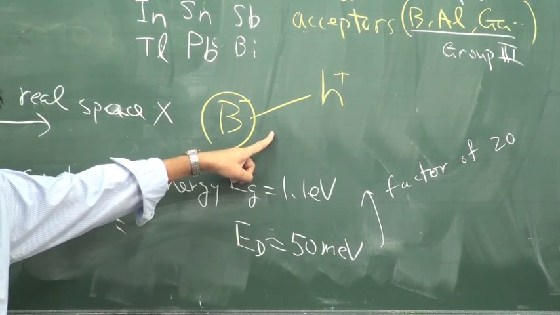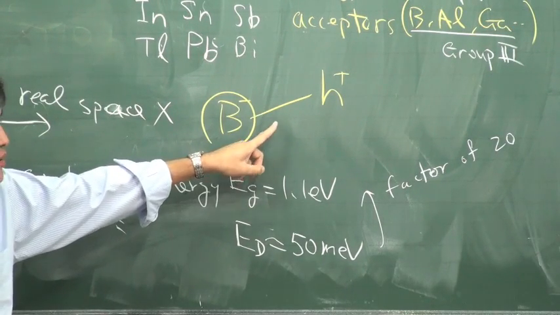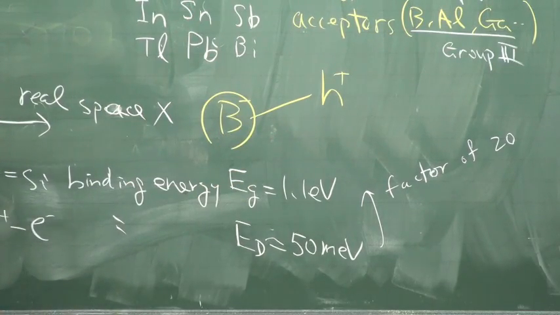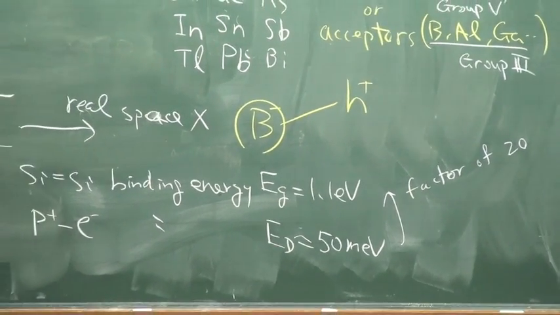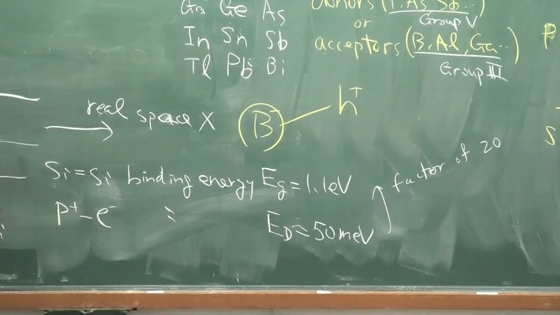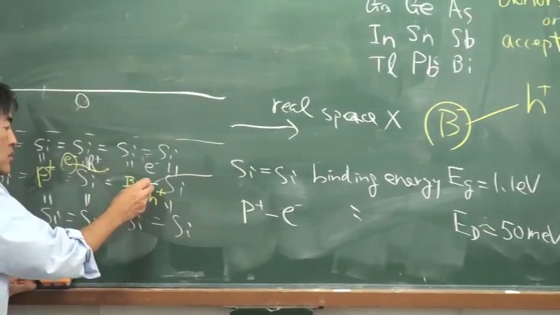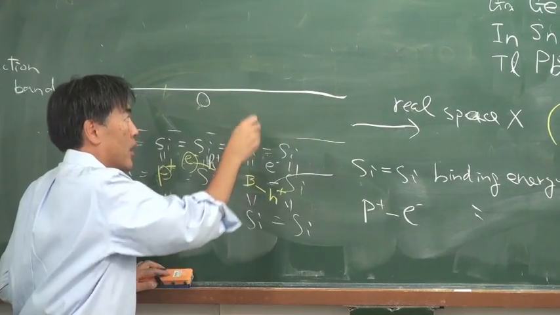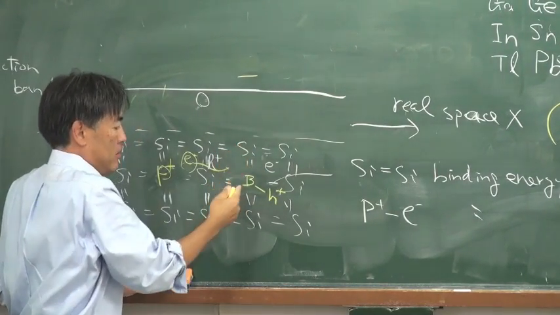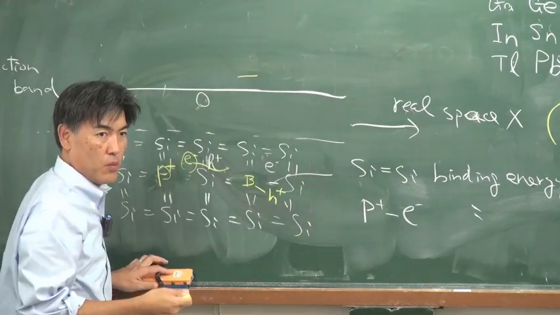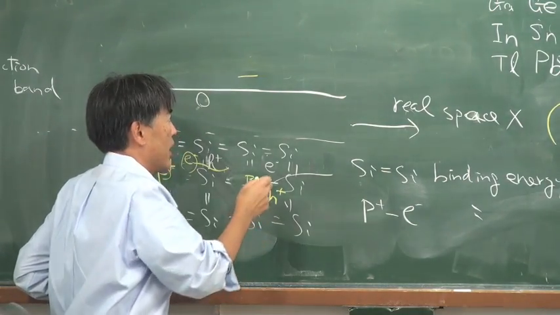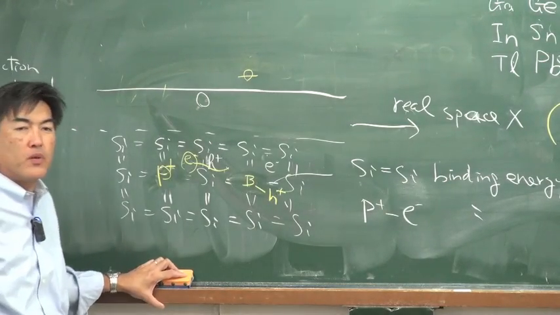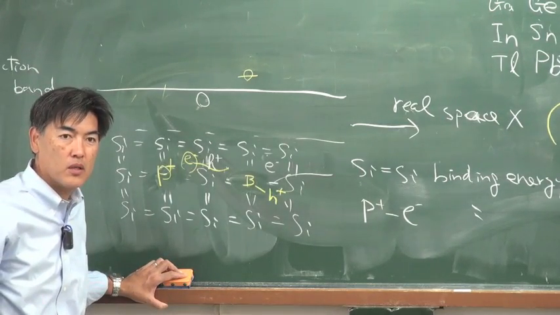This binding energy, again, is very weak compared to the band gap. So, to draw such a level, when I introduce boron acceptor, I draw a line here, okay? Because boron is here, so I just draw boron just above here. And this contains one open circle, which is a hole.